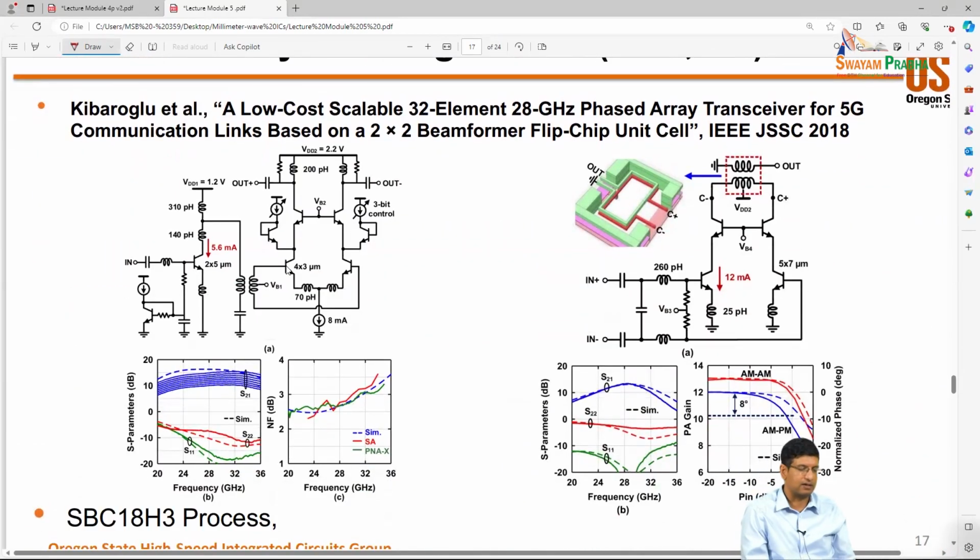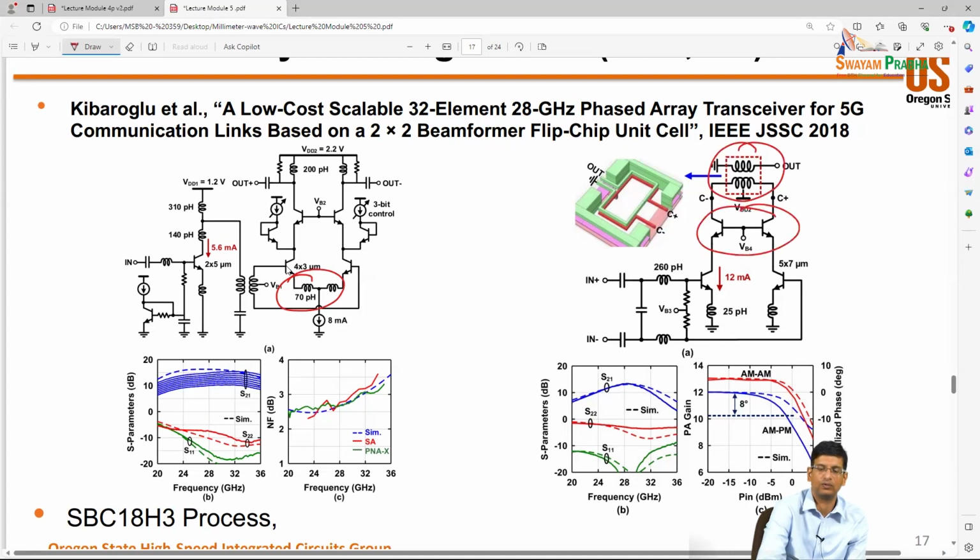And if we look at the individual design choices for the sort of amplifiers and LNAs and PAs, we can again start seeing topologies that we discussed: source degeneration over here, transformer wideband matching, cascoding in order to get larger swing.